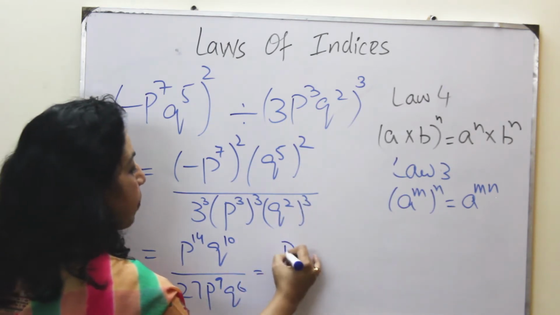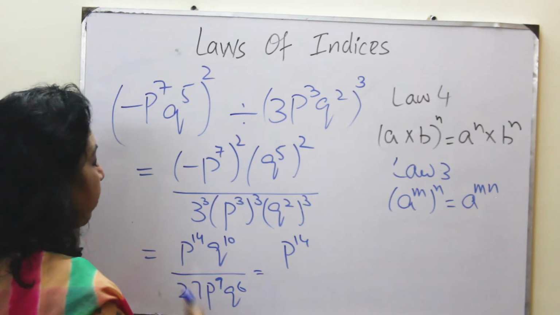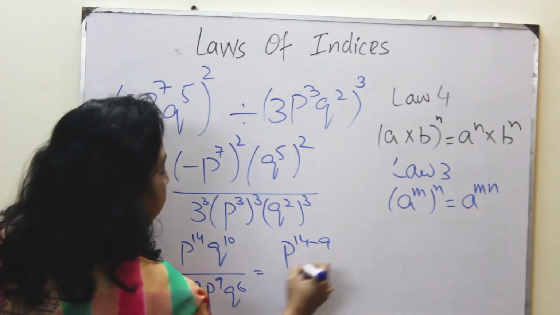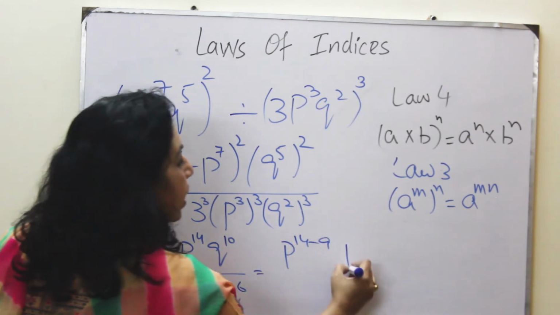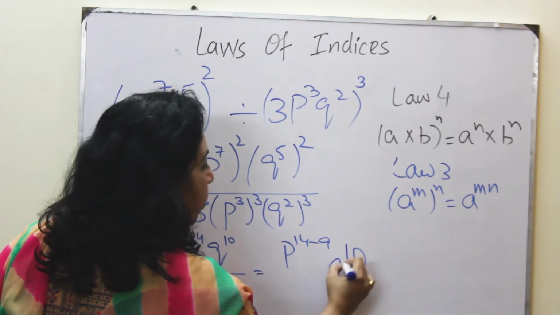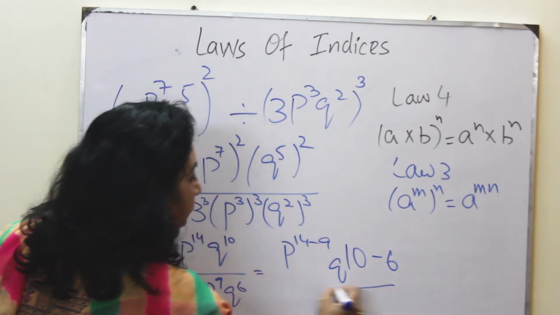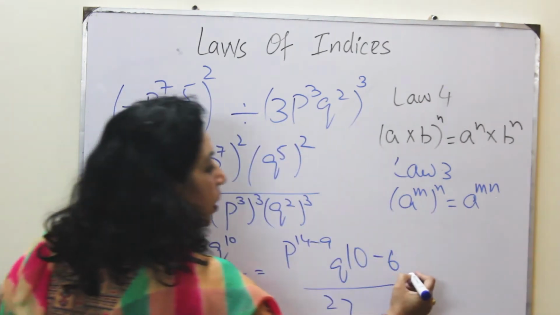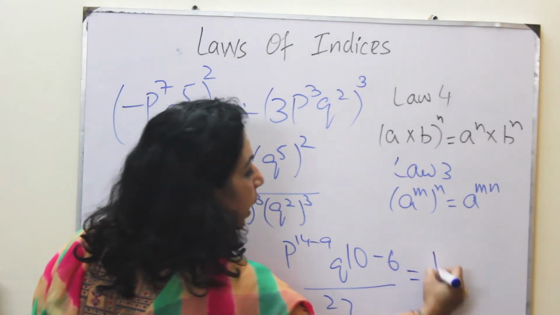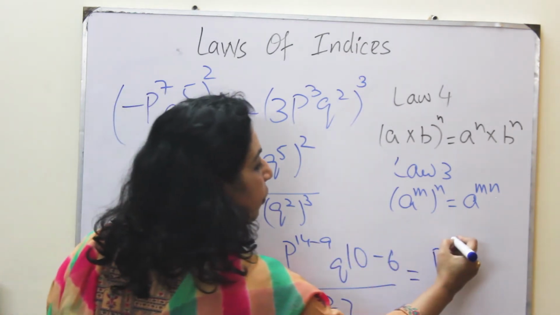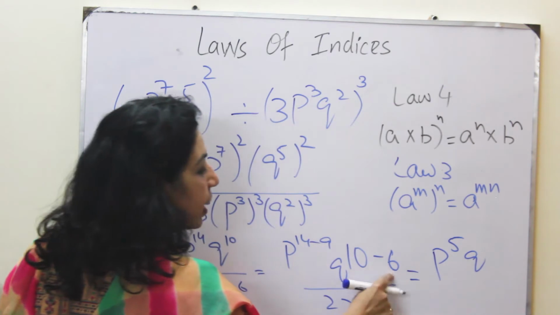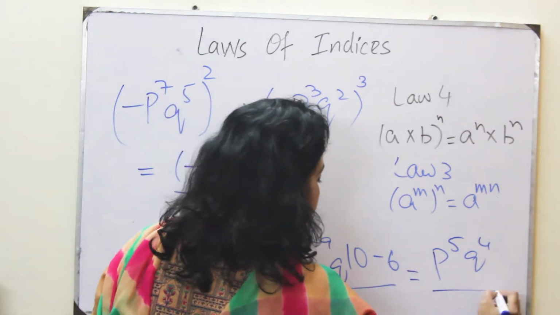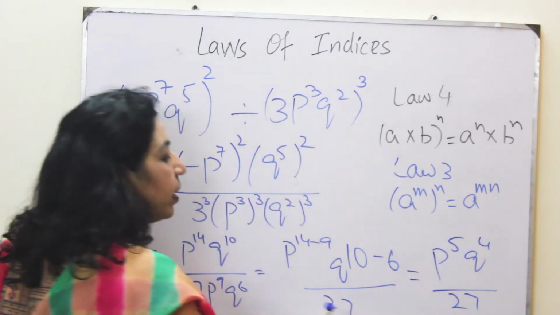So now we shall subtract P14 minus P9, 14 minus 9, Q10 minus 6 and over 27. So when we shall have P14 minus 9, that is P5, Q10 minus 6 is 4 and 27 is our denominator.